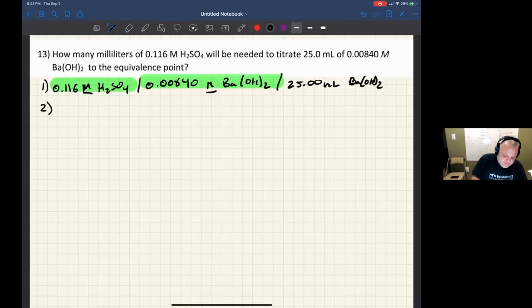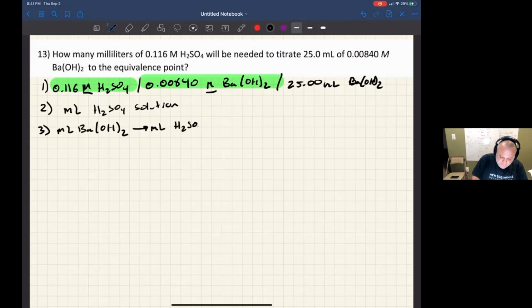Now, I am ultimately asked for the milliliters of H2SO4 solution. And so that means that the basic plan is to go from milliliters of the barium hydroxide solution to milliliters of the H2SO4 solution.